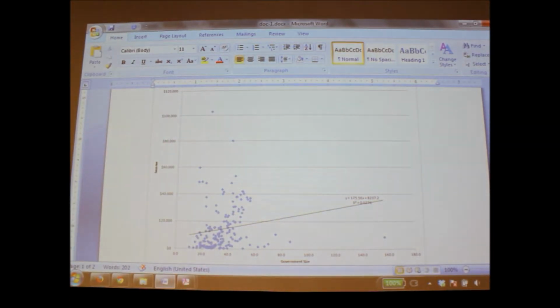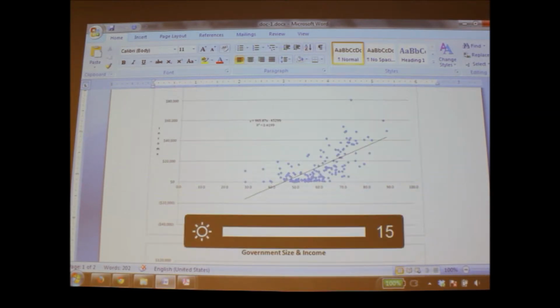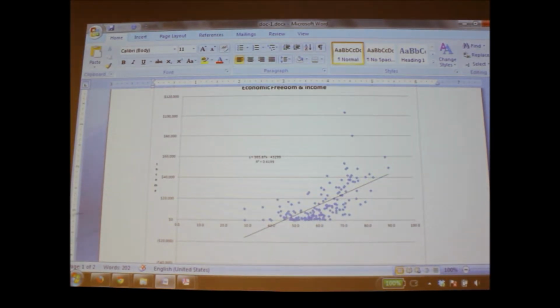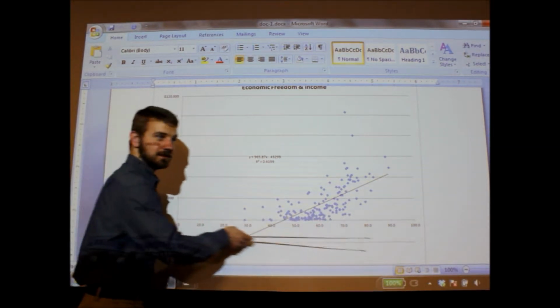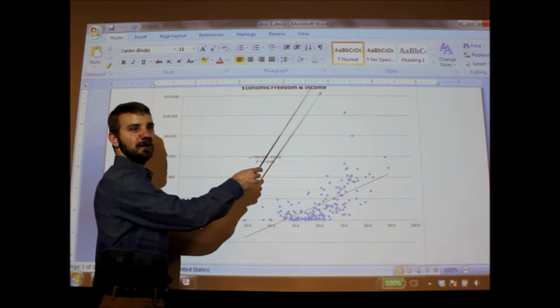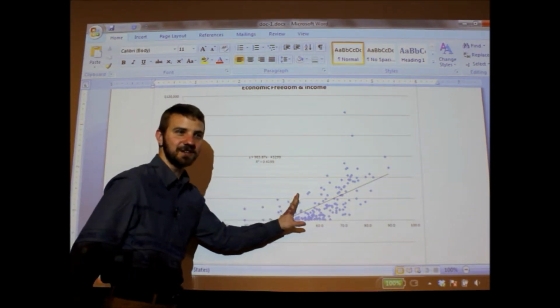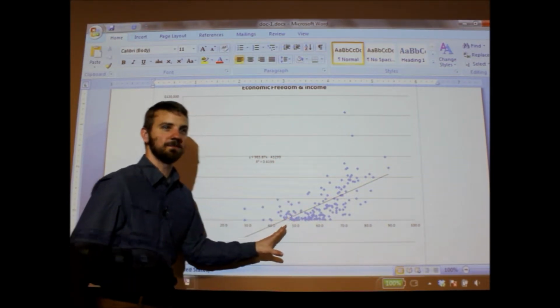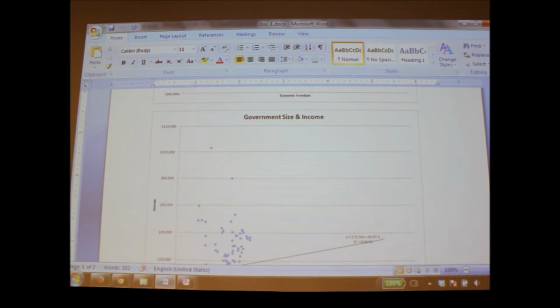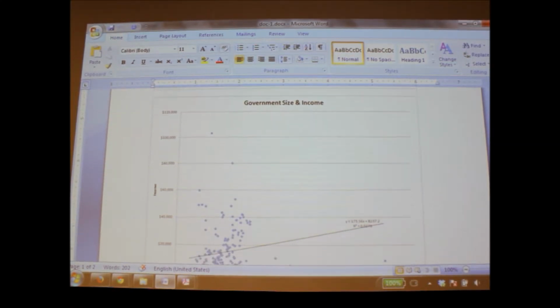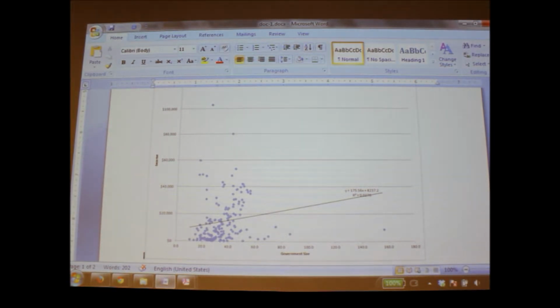And we did find that in the first graph. If you have more freedom, this means you're closer to market capitalist, and then you have more income. That's what makes sense to you. That's what you thought you'd find, and you found it. Here, you thought this line would be negative, but in fact it's positive.